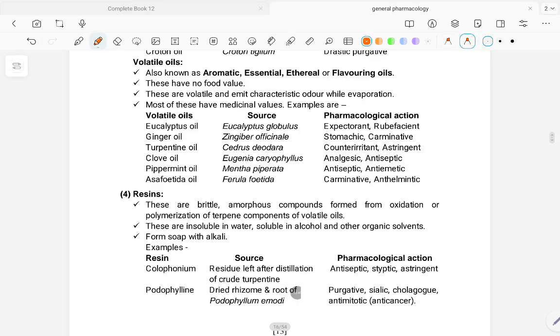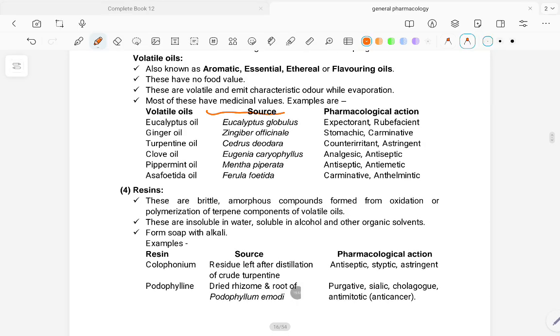Example: volatile oil, source, pharmacological action. Eucalyptus oil, Eucalyptus globulus, expectorant, rubefacient. Ginger oil, Zingiber officinale, stomachic, carminative.